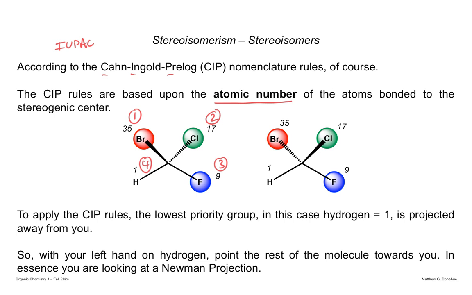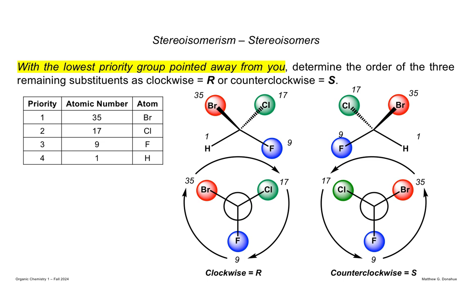Then you figure out, is it clockwise or counterclockwise? And so once you do that, you assign the descriptor. And the descriptor is either R or S. So clockwise rotation gives you R, counterclockwise gives you S.